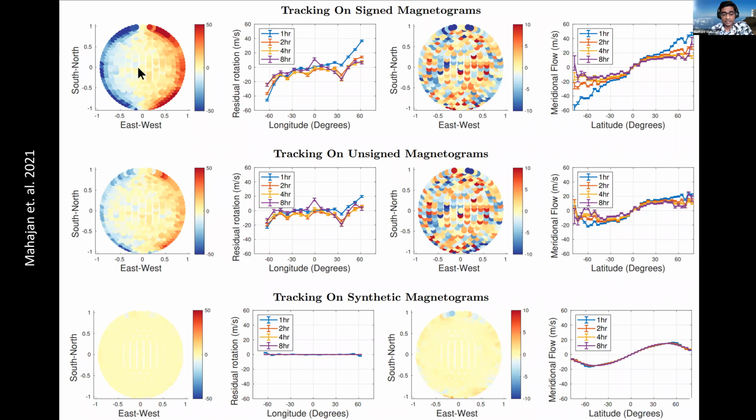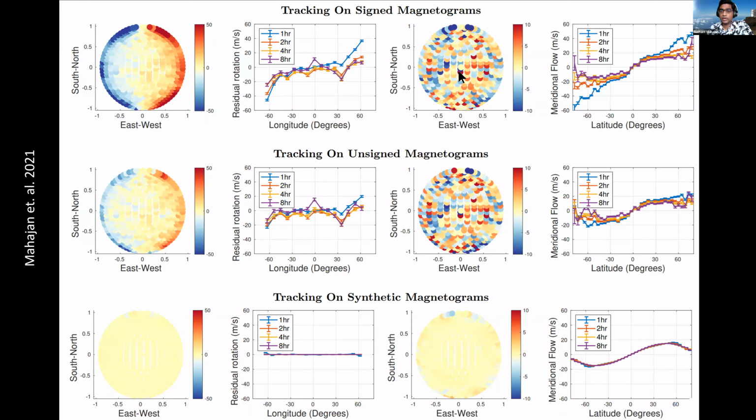This is clearly a bias because the sun doesn't know which central meridian we're staring at and cannot adjust its rotation rate accordingly. If you look at the residual rotation rate at the equator, you can see this near equator flow is around 100 meters per second slower on the east limb than on the west limb.